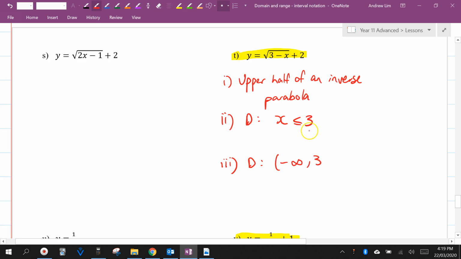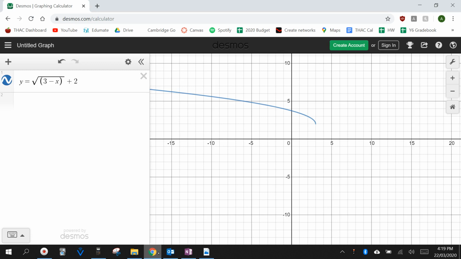But because it includes the 3, we use a square bracket. And the range, we can see that the range here is all above 2. Y is greater than or equal to 2.